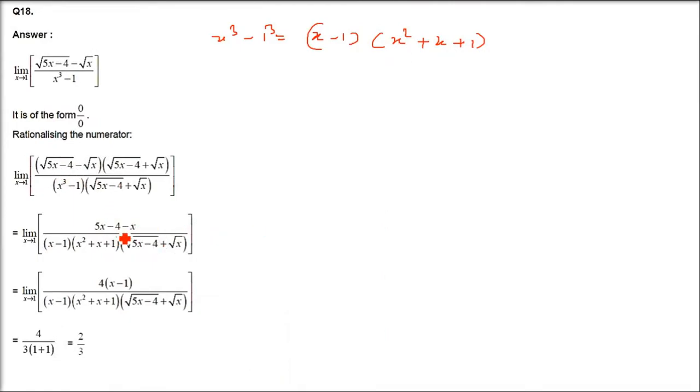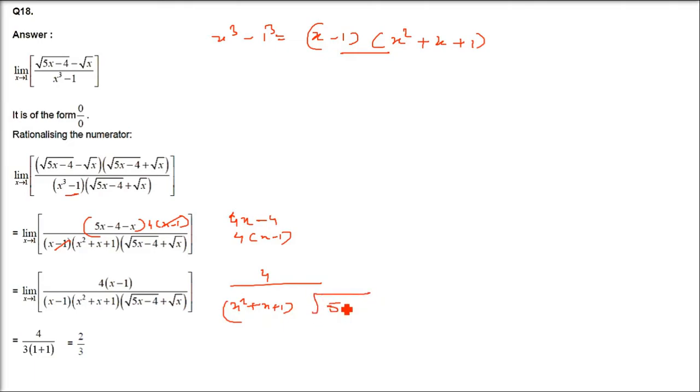In the denominator, as I already told you, x cube minus 1, the cube formula we are applying. So we have 4 times x minus 1, and x minus 1 cancelled, and in the denominator you have x square plus x plus 1, and then under root 5x minus 4 plus under root x.